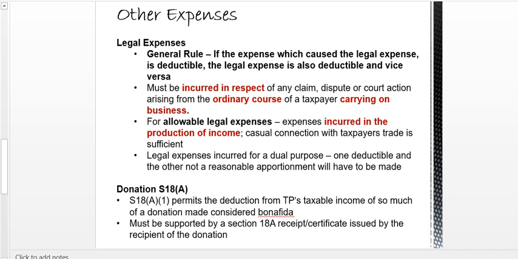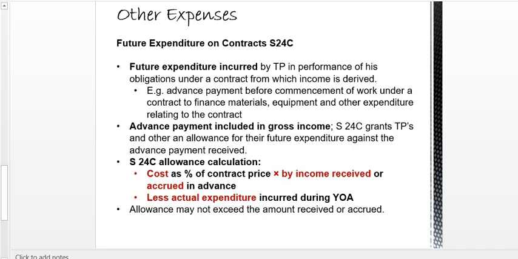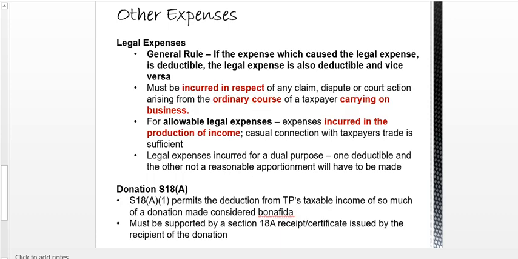Okay, if there's no 18A receipt, then it will not qualify as a deduction. Okay, and donations also have specific tax rates and taxes relating to it, but that will be dealt with at a later stage.